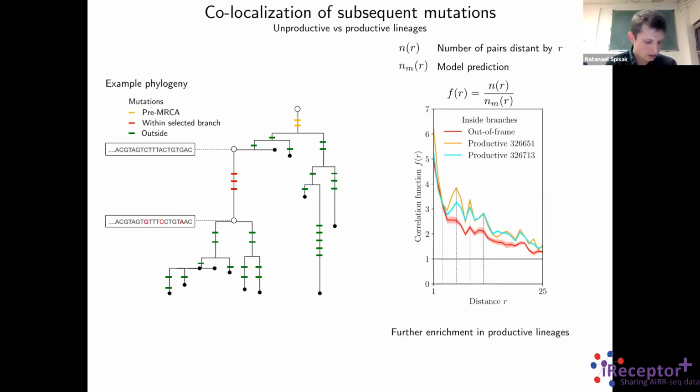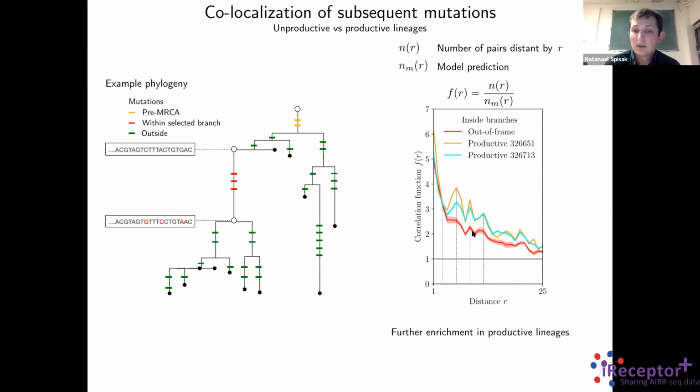Finally, we revisited this phenomenon in productive lineages. So here you have 2 productive lineages from 2 individuals in orange and blue, and we see a further enrichment of nearby mutations in these 2 individuals as compared to the out-of-frame signal that I described before.